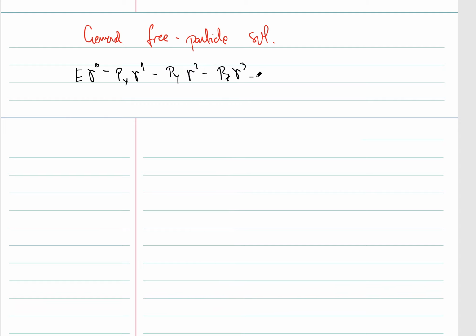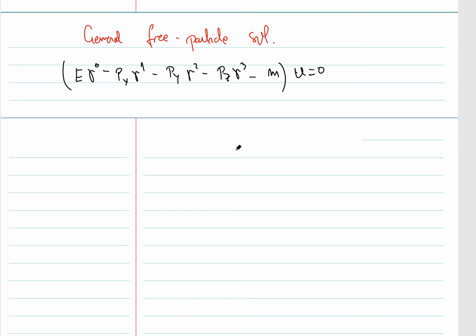Now we can find a general free particle solution. We have the Dirac equation as before: E gamma 0 minus px gamma 1 minus py gamma 2 minus pz gamma 3 minus m, times u equal to 0.